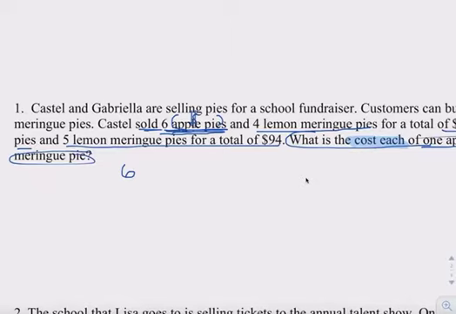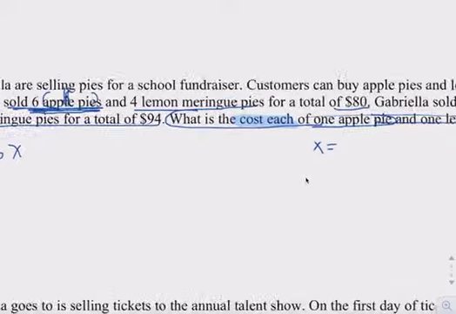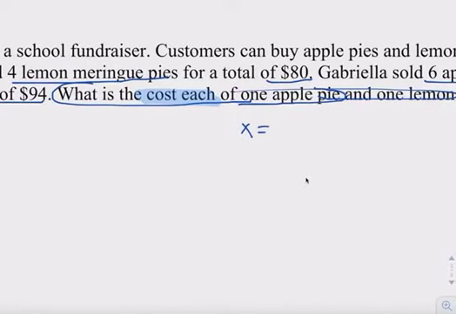We know how many apple pies she sold, 6, but we want to know how much each costs. So x represents the cost of each apple pie.